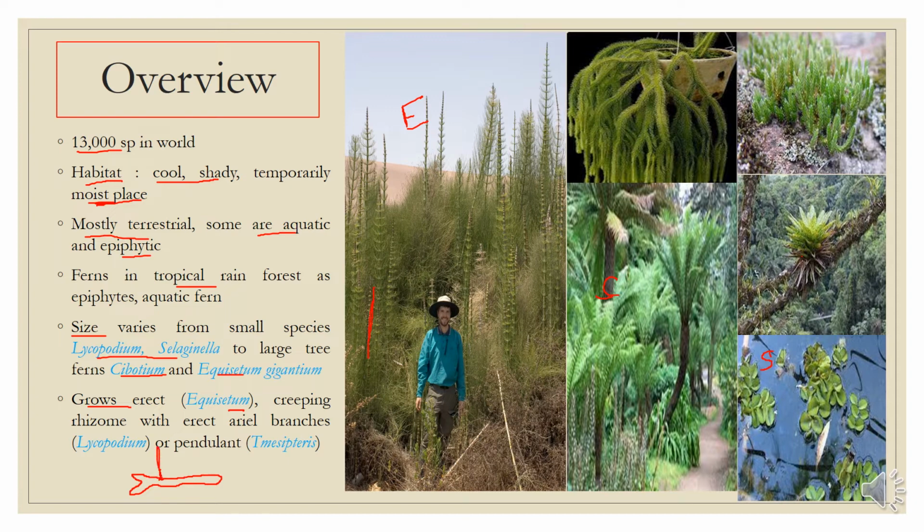This type is found in Lycopodium. Also, certain Lycopodium as well as Psilotum and Tmesipteris are pendulous in nature. This is the Lycopodium that is showing this pendulous habit. And so we see that there is great variation in their growth habit, as well as their size, as well as their habitat. So this is the overview.